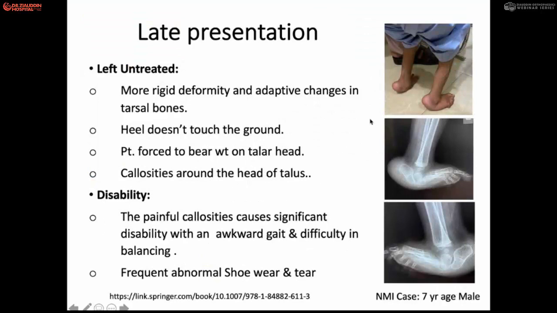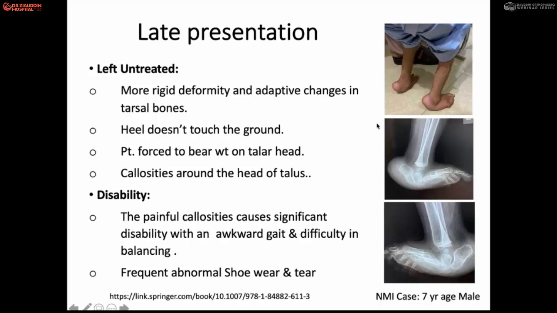But sometimes patients come to you with a late presentation. When they are left untreated, a more rigid deformity and adaptive changes with flatness of the talus develop, and the heel does not touch the ground as you can see here. The patient is forced to bear weight on the talar head and produces a pressure sore on the medial side, and callosities develop on the head of the talus, and this is the X-ray.